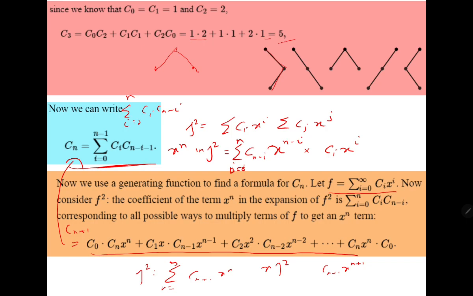Now the summation starts with C1 x plus C2 x square and so on. The first term, C0, is missing, so I can add and subtract C0. C0 would be merged here and minus C0 would be minus 1. That gives me f. So it means that x f square plus 1 is equal to f.